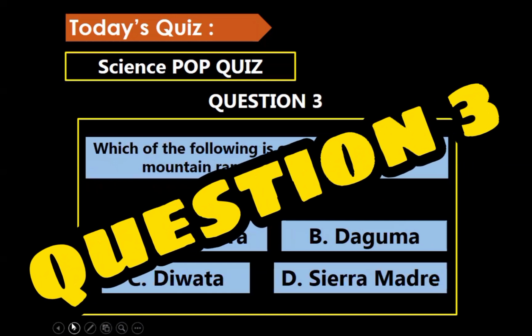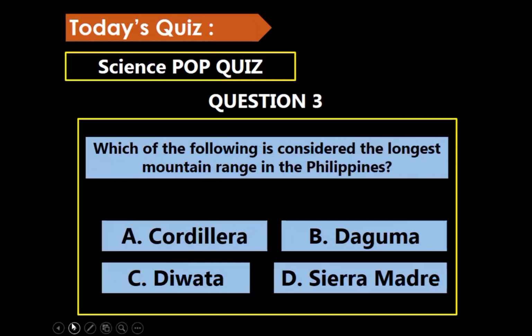Question number 3. Which of the following is considered the longest mountain range in the Philippines? A. Cordillera, B. Daguma, C. Diwata, D. Sierra Madre. The correct answer is letter D, Sierra Madre.